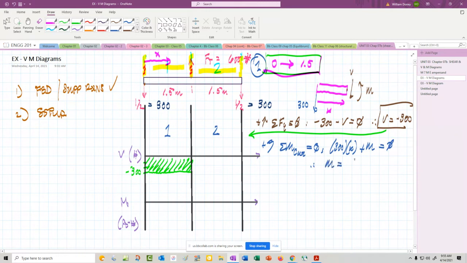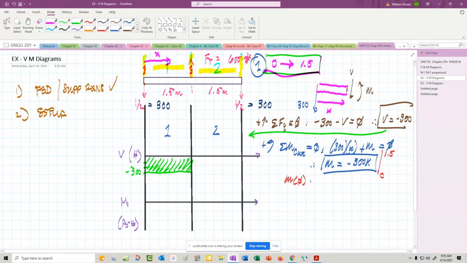Solve that. M equals minus 300X. So through that section, it is following that function. That's a linear function. We have to evaluate that at both ends. So I'm going to evaluate it at 0 and 1.5.